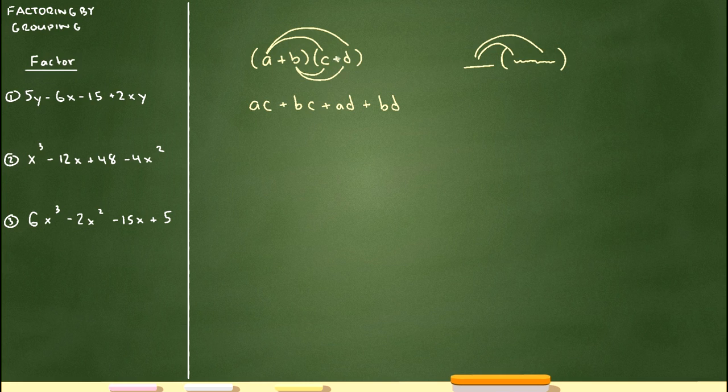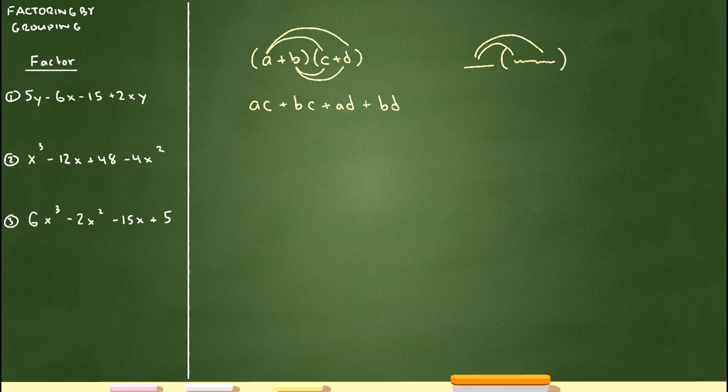And if you've heard of the FOIL, that's first, the two first terms, and then the O stands for the two outer terms, so A and D, first outer, and then the two inner terms here are B and C, and then last terms are B and D. But it doesn't matter the order in which you do this, as long as you make sure everything gets multiplied by everything else.